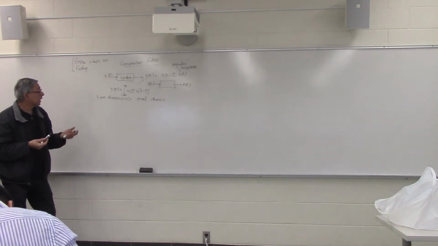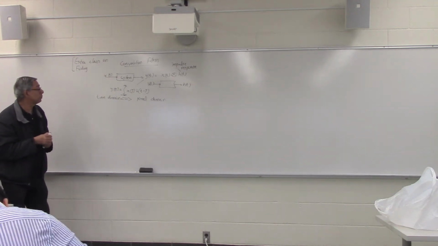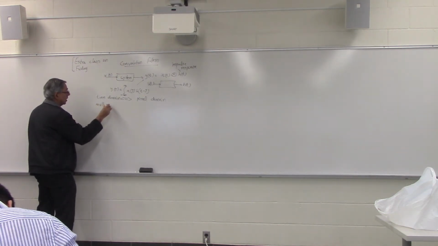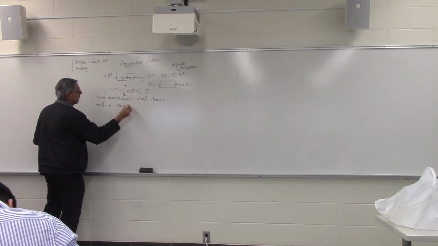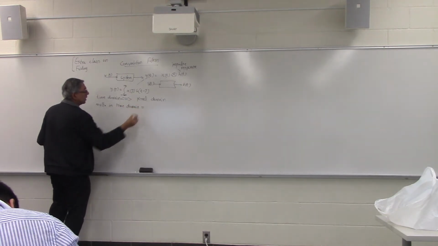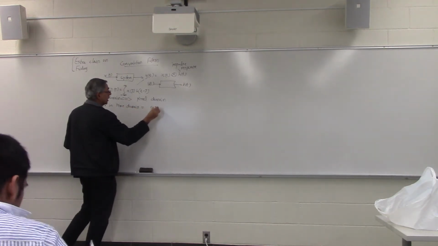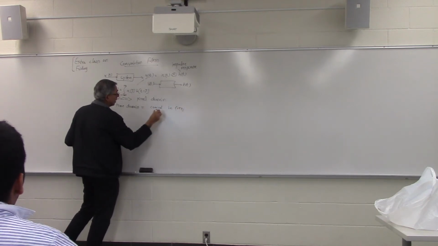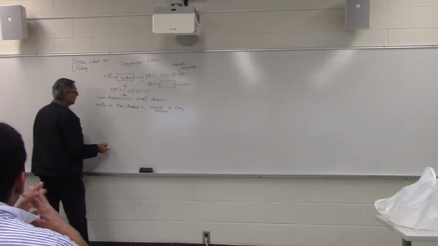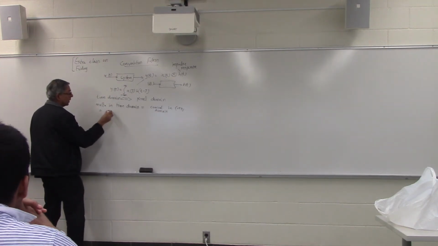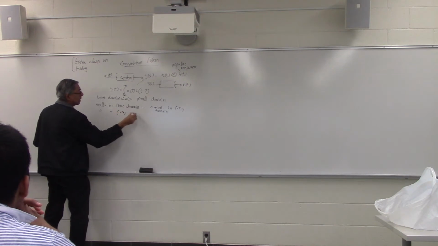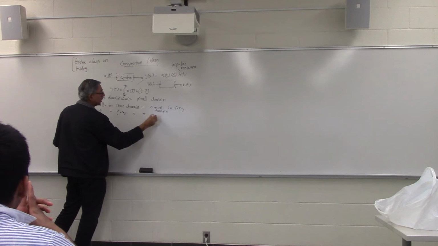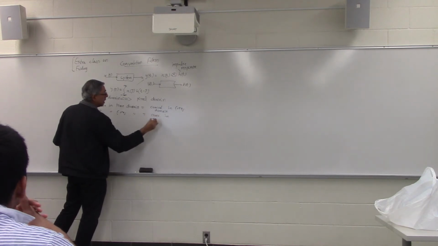Another important concept was that multiplication in time domain is equal to convolution in frequency domain, and vice versa. So multiplication in frequency domain will become convolution in time domain.